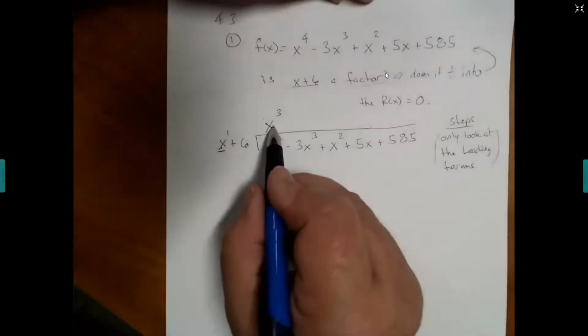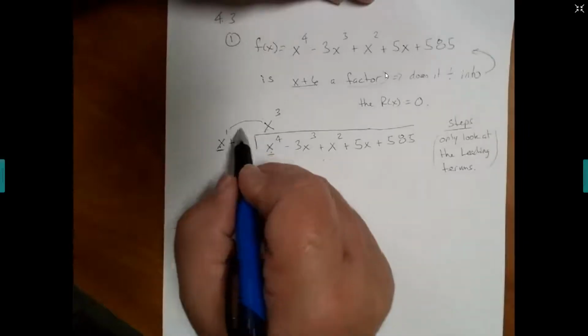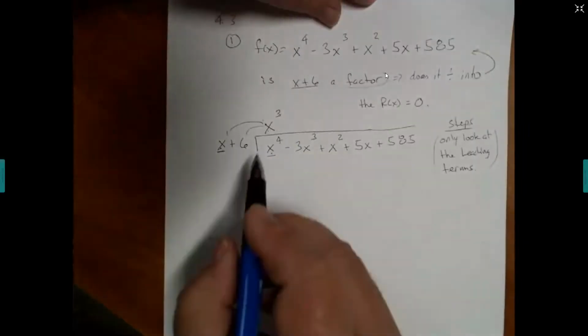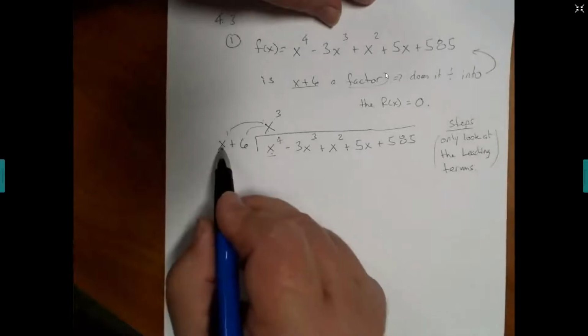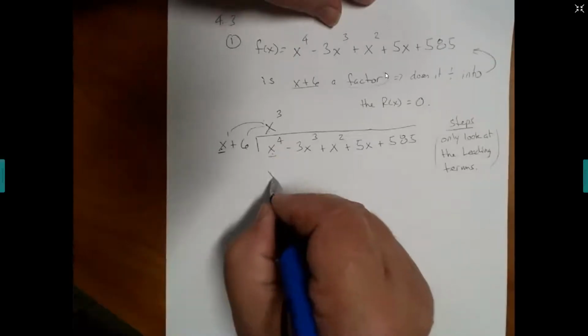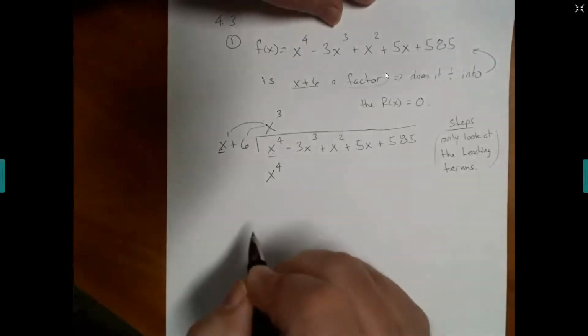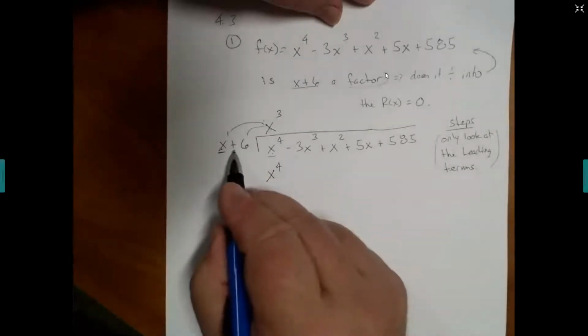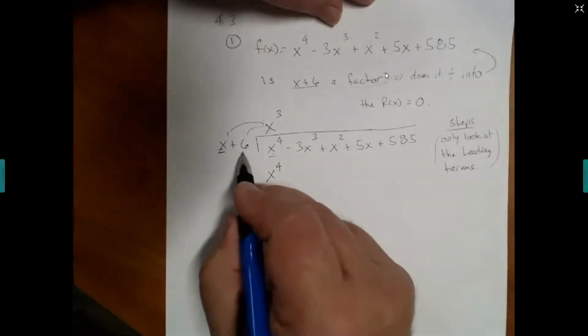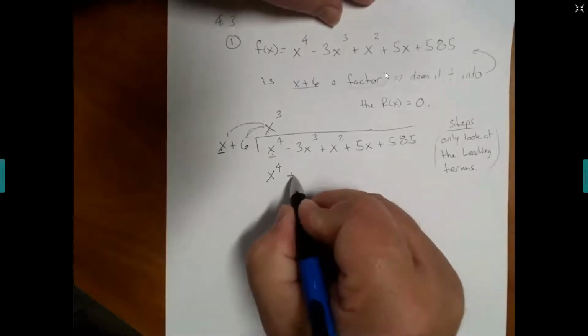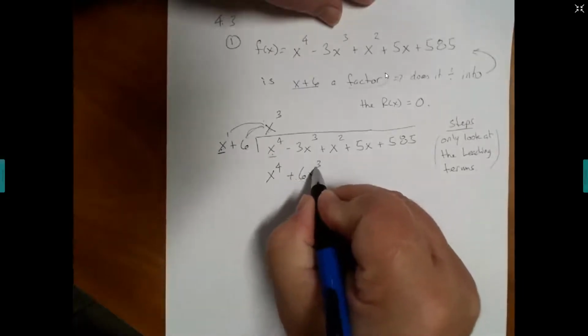So now, once you find that number, you multiply it to both of those. X cubed times x gives us x to the 4th. X cubed times positive 6 gives us positive 6x cubed.